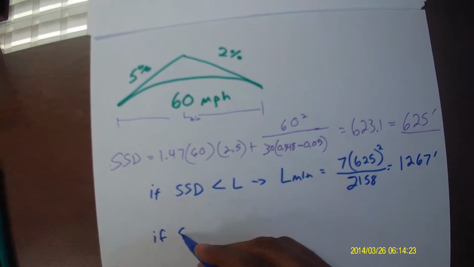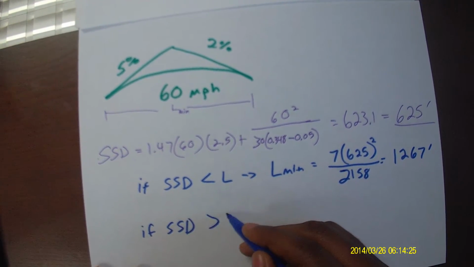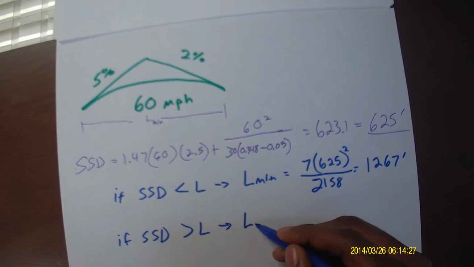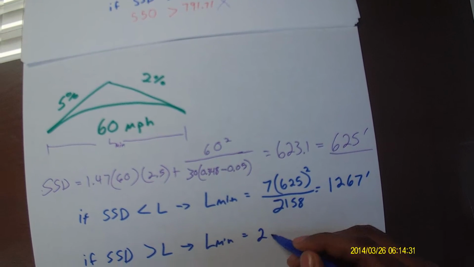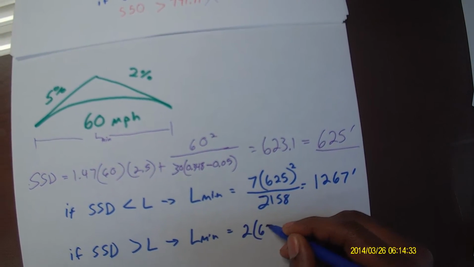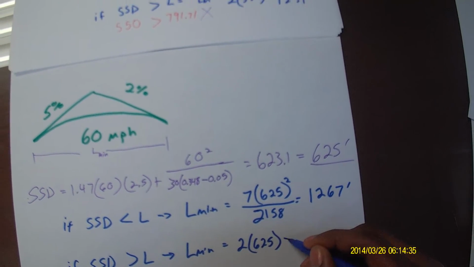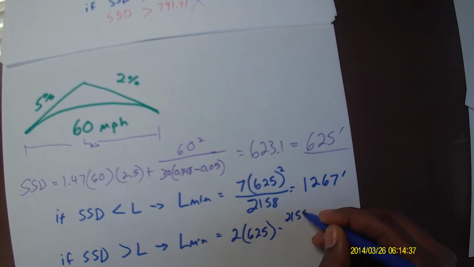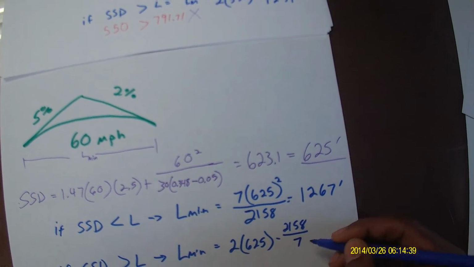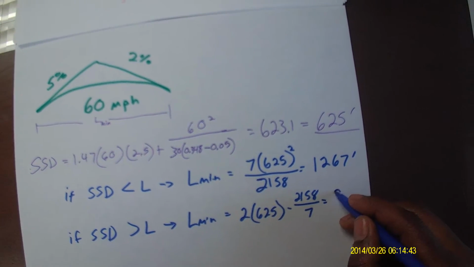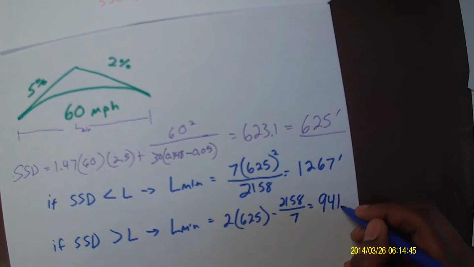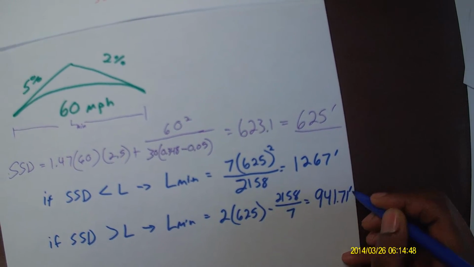If my stopping sight distance is greater than L, then I'm going to use the other equation, which is 2 times my 625 minus 2158 divided by 7, and that is going to give me a length of 941.71 feet.